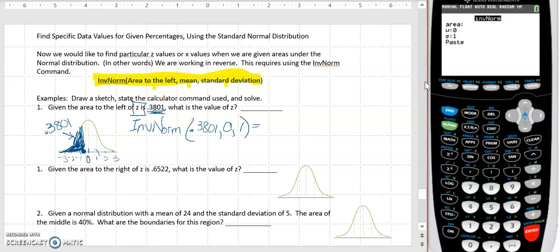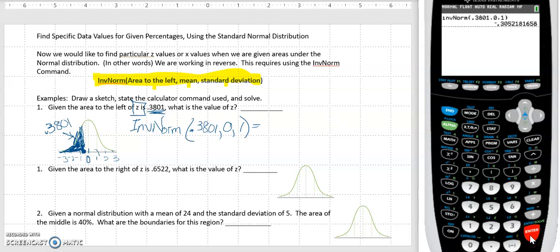So in my calculator, I'm going to type in the area, 0.3801, the mean is 0, standard deviation is 1. We'll paste that in so everybody's screen looks the same now, and then hit enter. What we get is, rounding off to 2 places, negative 0.31.